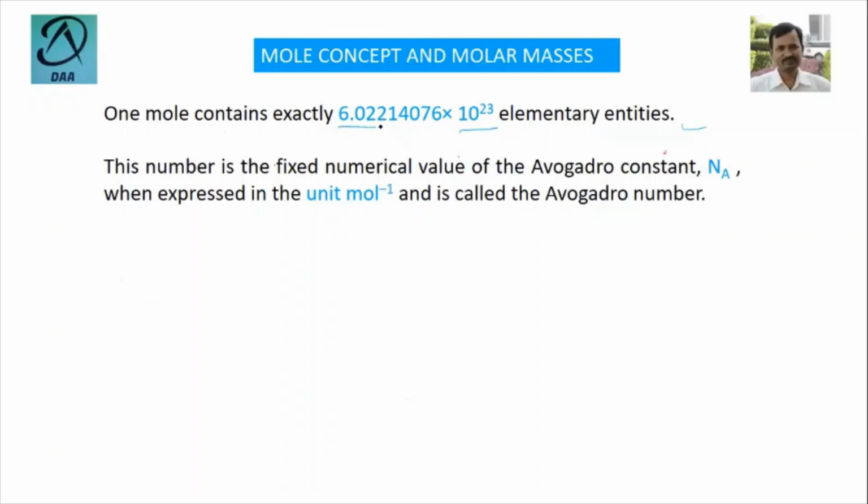We will consider only 6.022 from now on to simplify the number. This number is the fixed numerical value which is called the Avogadro constant, symbolized by N subscript A, and it is expressed with the unit per mole, and then it is called the Avogadro number.